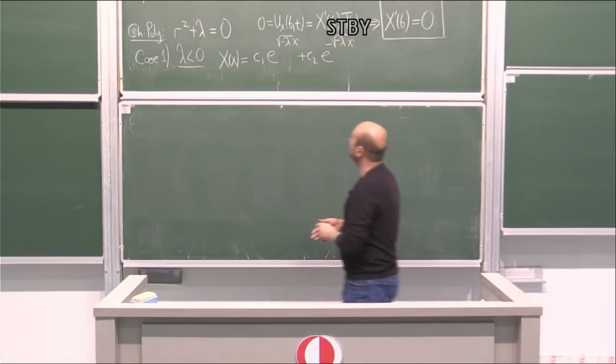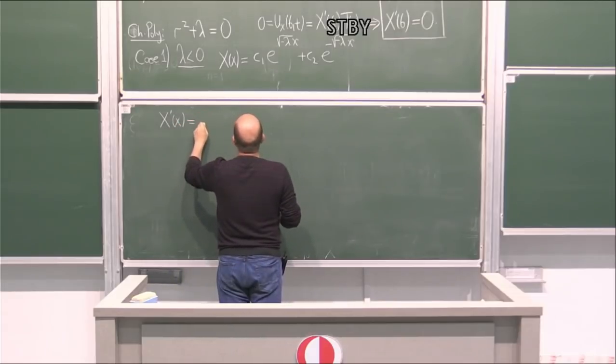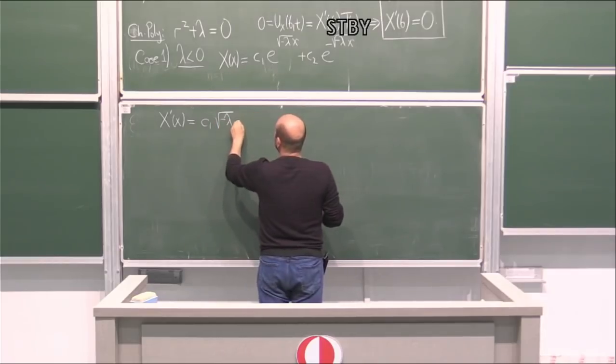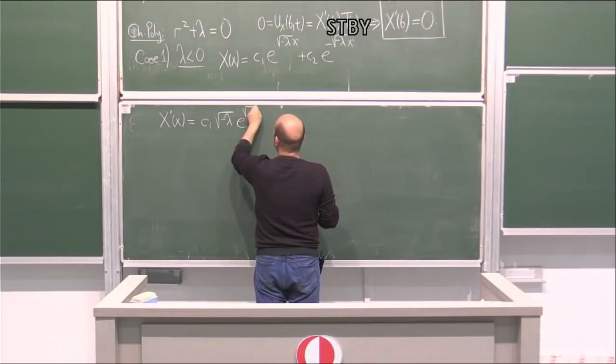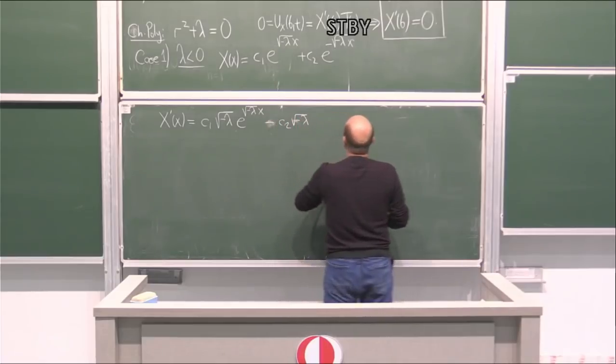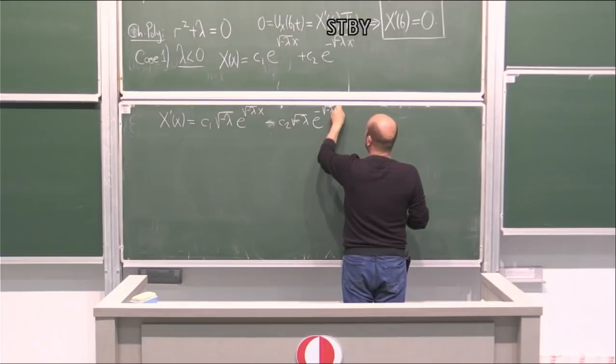The derivative of x is now equal to C1 square root of minus lambda e to the square root of minus lambda x plus C2 e to the minus square root of minus lambda x, with a minus sign on the second term.